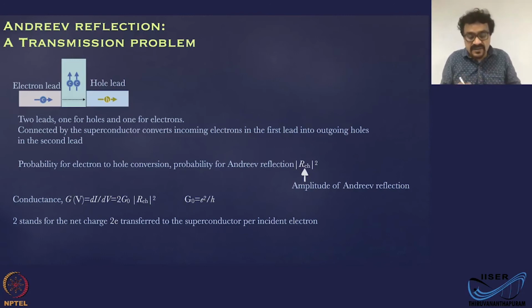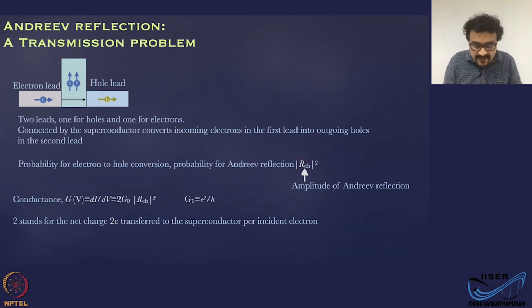In the process, it takes two electrons into it. So the probability for the electron to hole conversion is the probability for anti-reflection, or EH, where EH stands for electron to hole, and REH is the amplitude of anti-reflection, and the square of that is the probability for the reflection to happen.